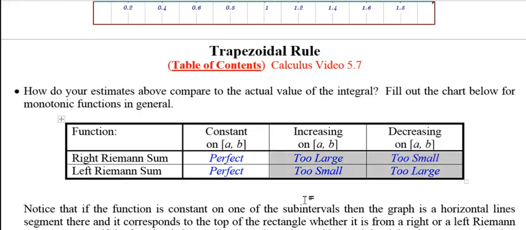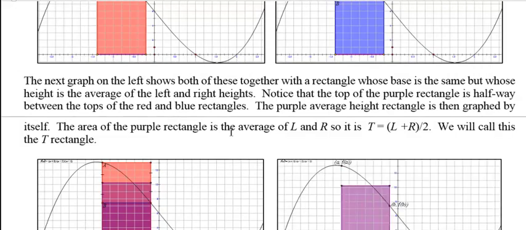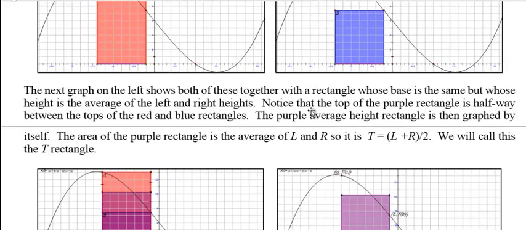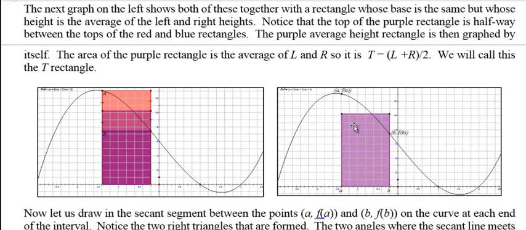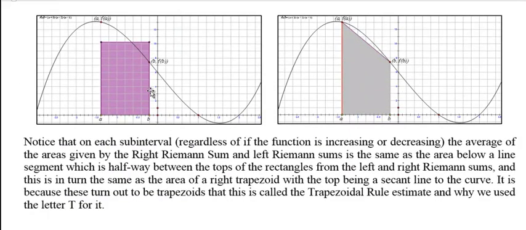The fact that these are backwards means that we could average them and get a better estimate. So the right and left Riemann sums, on just one interval, would be a rectangle here and here. If we average them, we get a rectangle here that's the average height. Notice the height is exactly halfway in between. We saw, because of this picture here, that we could represent that as one rectangle or as one trapezoid in terms of the area.